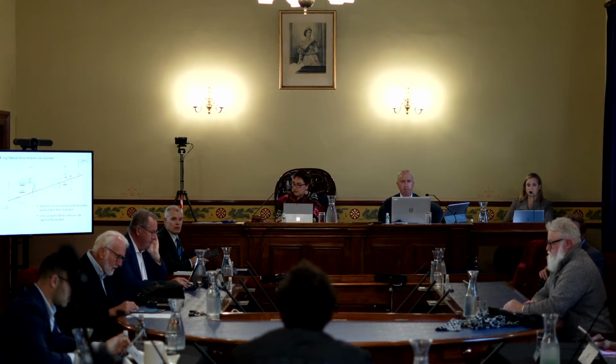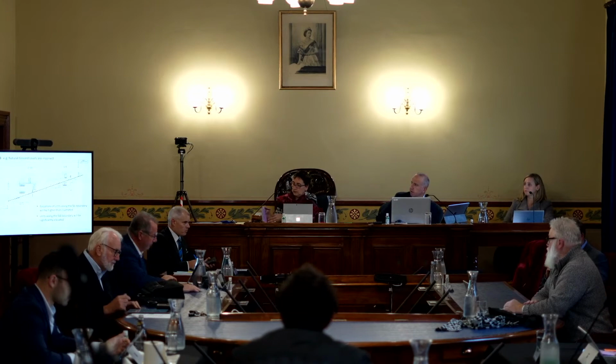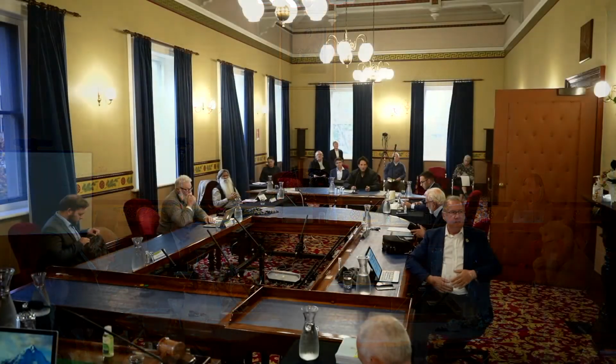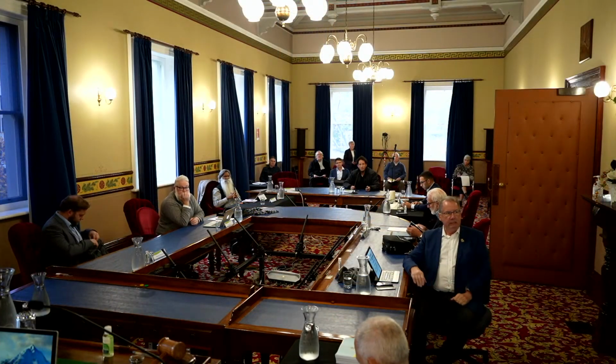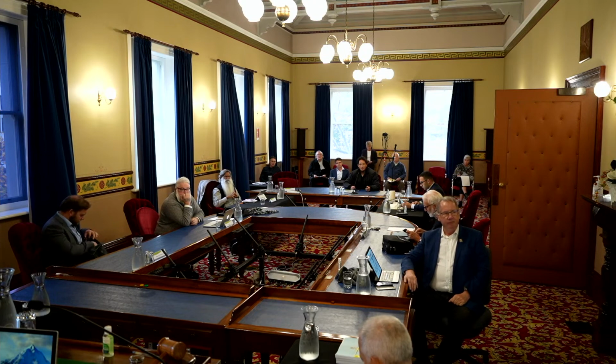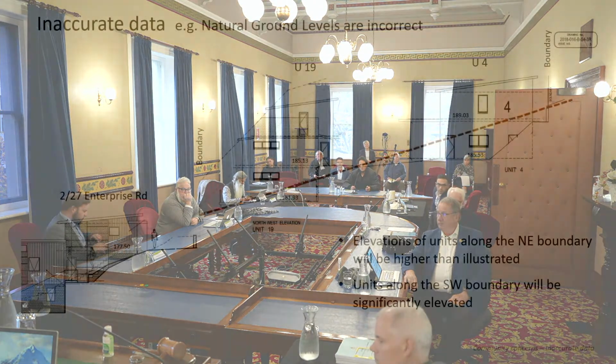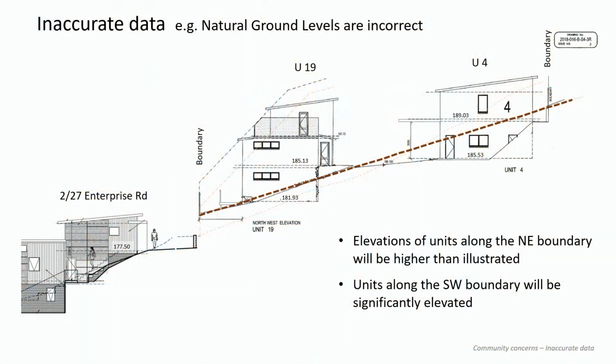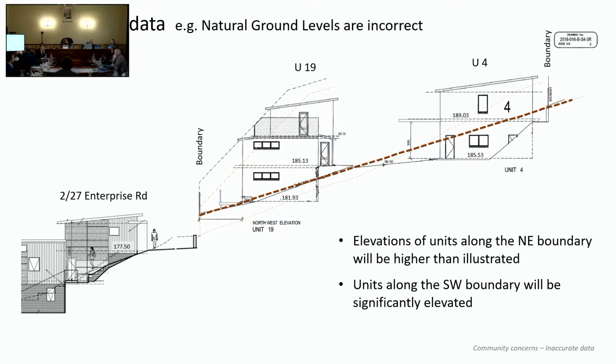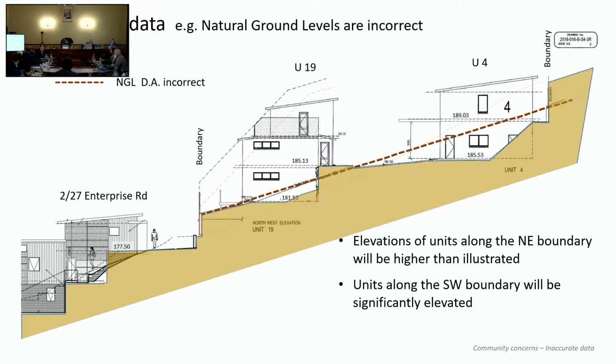If you wouldn't mind looking at the screen behind you, we've prepared some slides to illustrate the point. So I'm just going to be talking briefly about the inaccurate data. What you see on the screen is a cross-section from the proponent's documents, on Unit 19 and Unit 4, and the dotted brown line is where they've depicted the natural ground line. According to the way they've depicted it, you can see also how they've depicted the building envelope, and it makes Unit 19 look compliant.